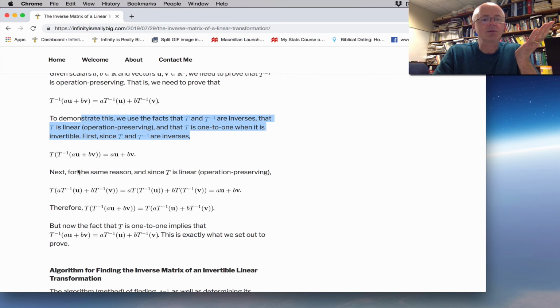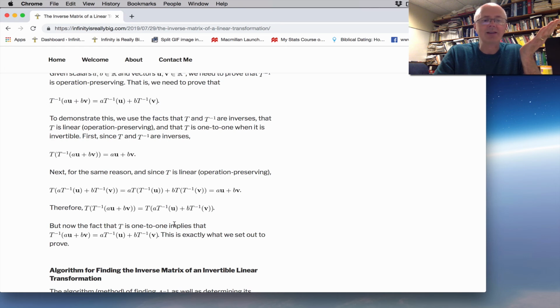This equation comes from the fact that T and T inverse undo each other. This line right here, well, the first equality is the fact that T is assumed to be operation preserving. It's linear. And the second equality here comes from the fact that T and T inverse undo each other in both of these spots. And what we have here then is that this equation is true and this equation is true, and notice the right-hand sides are the same here. Therefore, this equals this, which I say down there.